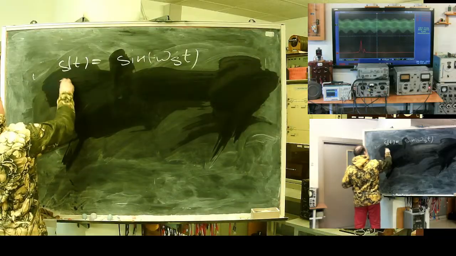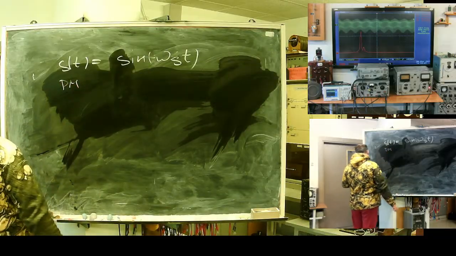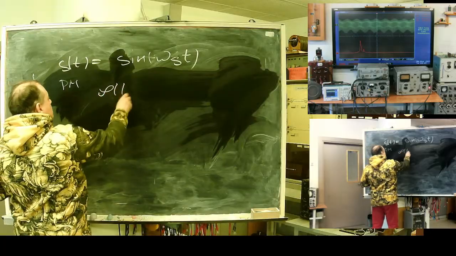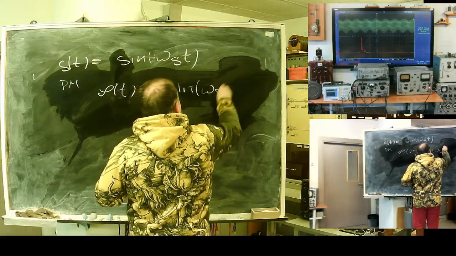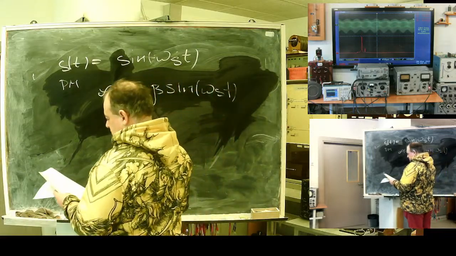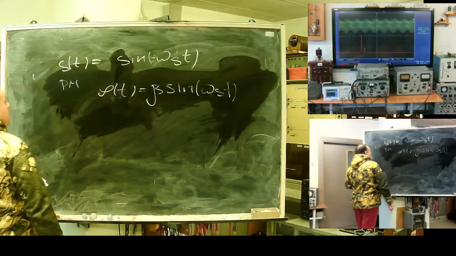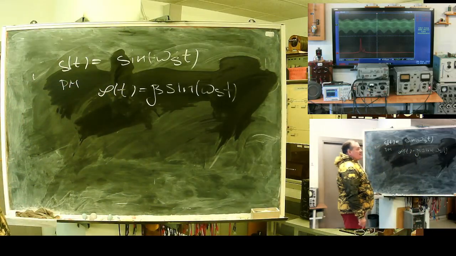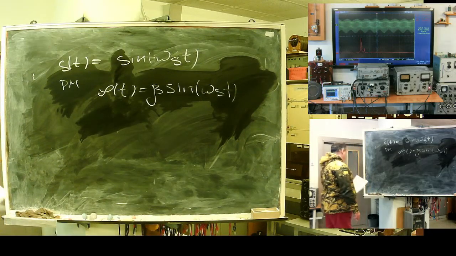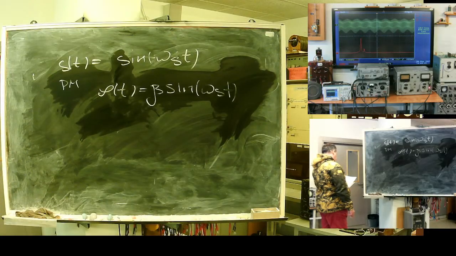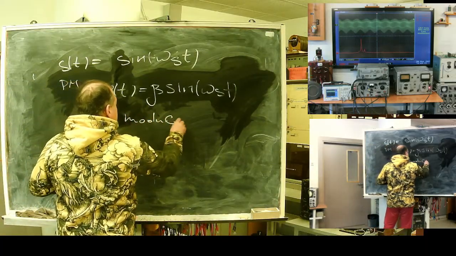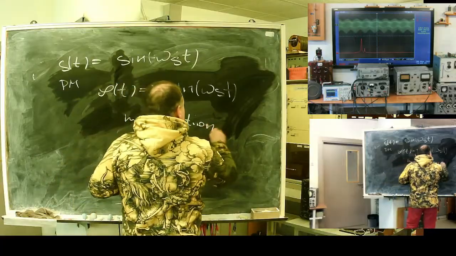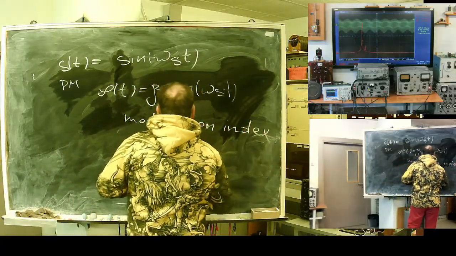Case of angular modulation will be beta sine omega s t. Here beta is an index of modulation. Index beta.